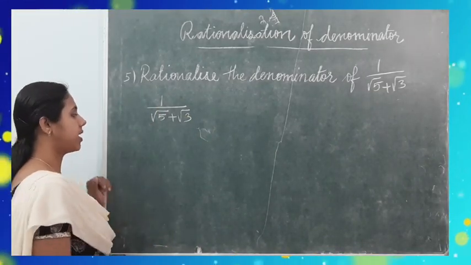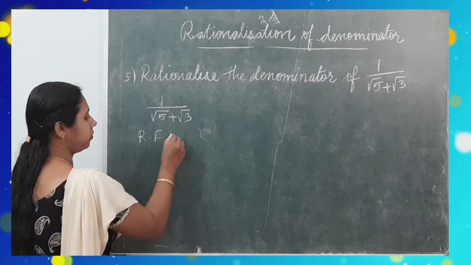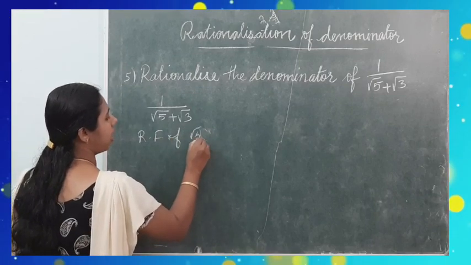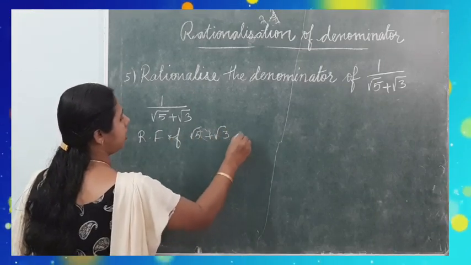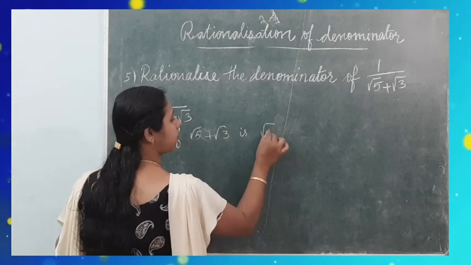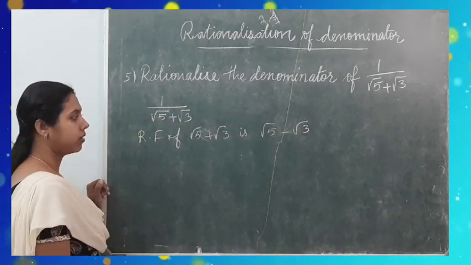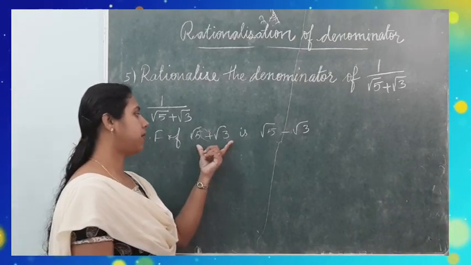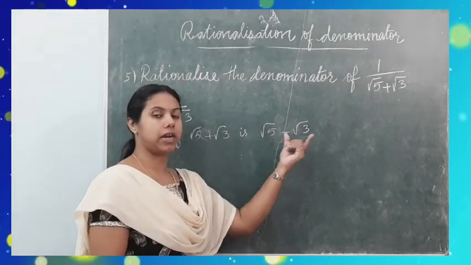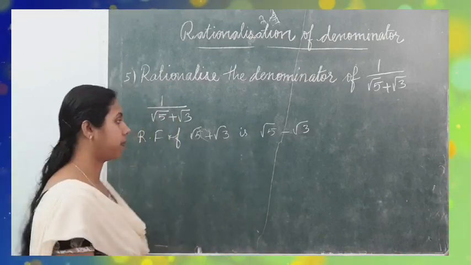We know the rationalizing factor of root 5 plus root 3 is root 5 minus root 3. When you multiply a plus b into a minus b, you will get a square minus b square.